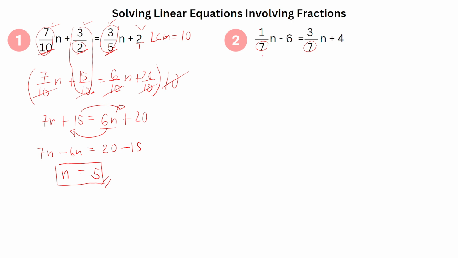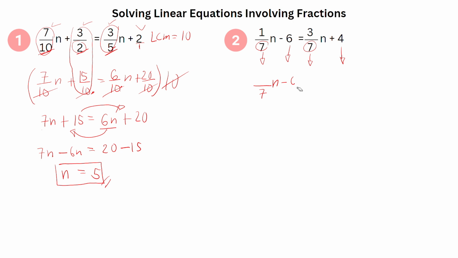So what we have to do is convert all of this into a fraction with denominator 7. So, over 7, I'll just copy the n, minus 6, sorry. Sorry, it's actually hard to delete from here. Sorry for that. Where's the eraser?